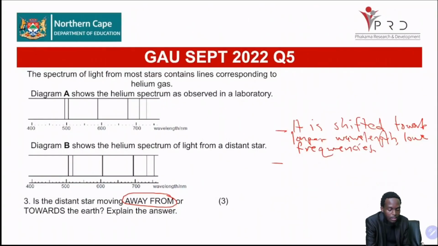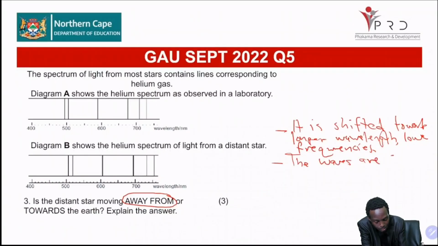So longer wavelengths and lower frequencies, what does that imply? If the wavelengths are longer, then it means the waves are stretched out, and therefore the star is moving away. So you'll get a mark for saying away and then the other 2 marks is for providing an explanation.